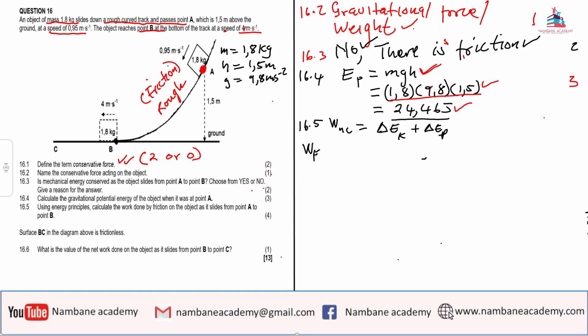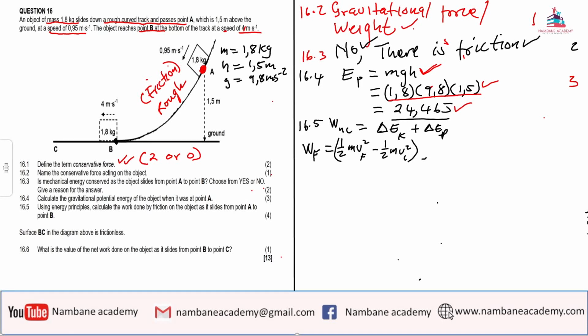We did not have to draw a free body diagram. Why? Because we are only focusing on the frictional force. Then we move to say, fine, half mv squared final minus half mv squared initial.